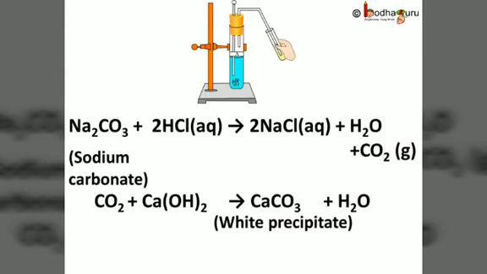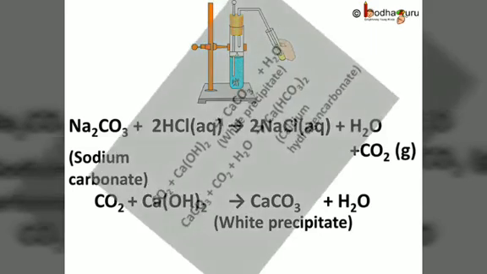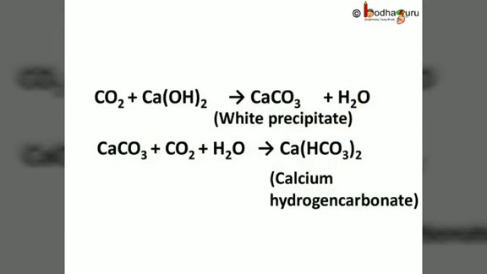This is represented by the chemical equation CO2 plus Ca(OH)2 gives CaCO3 plus H2O. After passing a little more carbon dioxide, the precipitate would vanish as calcium carbonate gets converted into soluble calcium hydrogen carbonate, also known as calcium bicarbonate, which is Ca(HCO3)2.